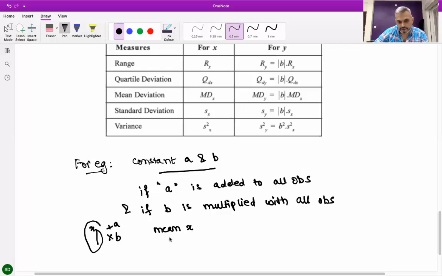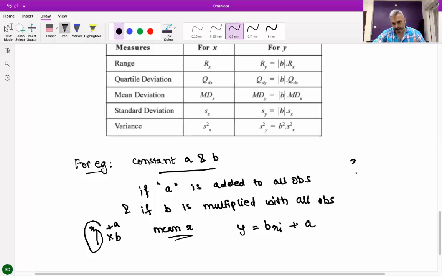The observations will change, so a new variable y will be equal to b into xi plus a. We get a new set of observations.